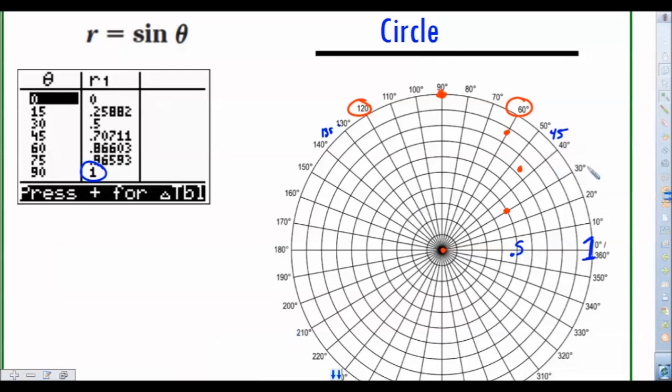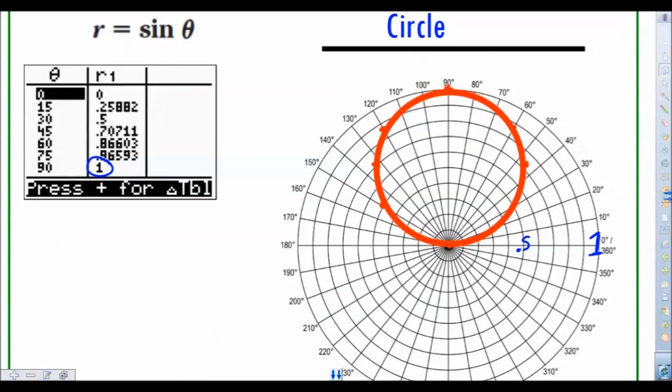And the same can be said here at 30 degrees along with its partner over there at 150. So let's go ahead and fill those points in using a little bit of symmetry. So there we go. We have a nice looking circle there.